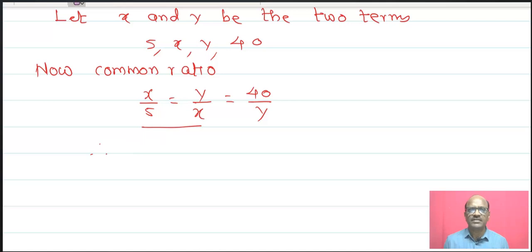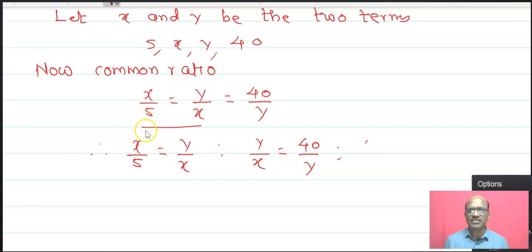if we take x upon, now we will take in this manner, that is x upon 5 is equals to y upon x, and y upon x is equals to 40 upon y.